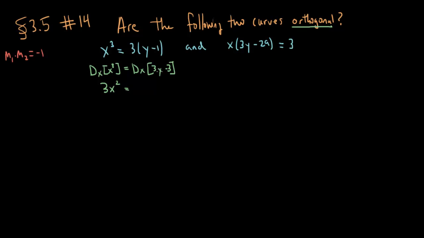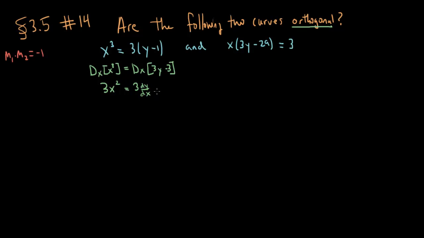Now, what's the derivative of 3y minus 3? The derivative of a negative 3 is just 0. The derivative of 3y is just 3, but since we were taking the derivative of a y term with respect to x, we have to multiply the 3 by dy/dx.